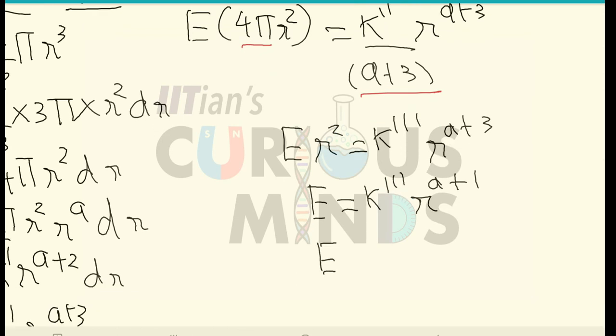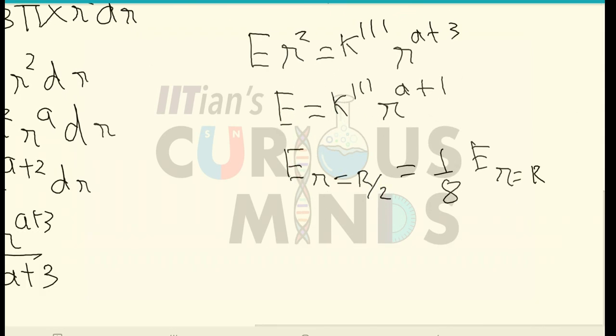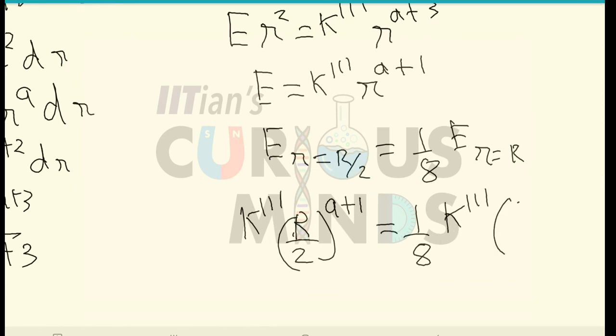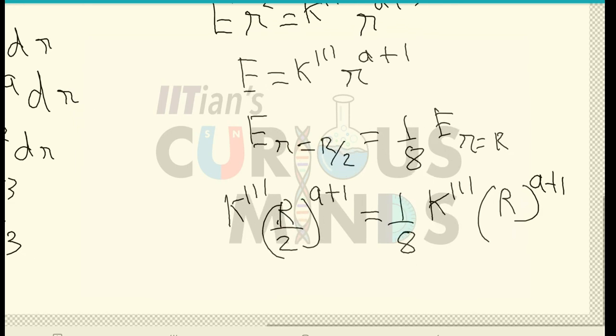Now E at r equal to R by 2 is equal to 1 by 8 times E at r equal to R. So when I substitute these values, k triple dash into R by 2, the whole raised to a plus 1, will be equal to 1 by 8 times k triple dash into R raised to a plus 1.